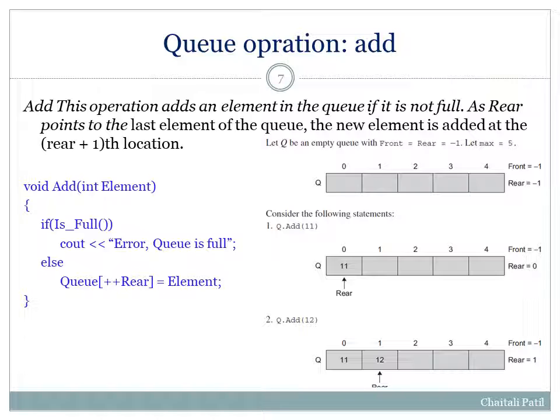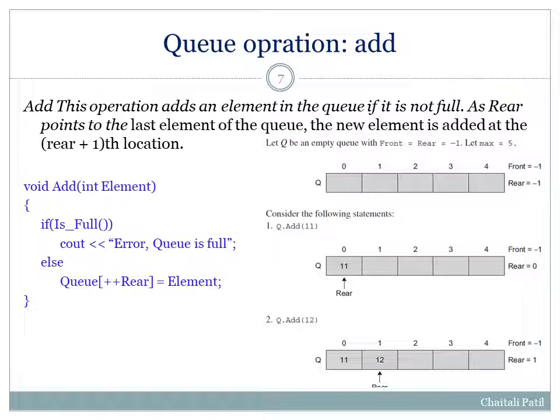So queue of 0 is equal to element. As rear is initialized to -1, after the increment operation rear will be set to 0, and queue of 0 is equal to element 11. Here we are adding 11, so element 11 will be added at queue of 0th position.